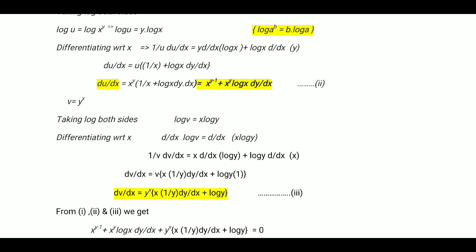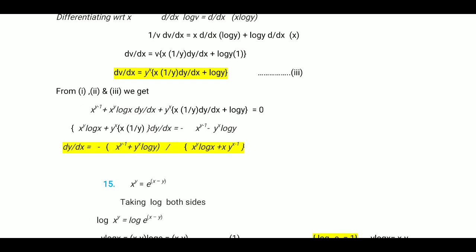This is third. So from first, second and third means we put the value of du upon dx and dv upon dx in first. We get y into x power y minus 1 plus x power y log x dy upon dx plus y power x into 1 upon y dy upon dx plus log y is equal to 0.